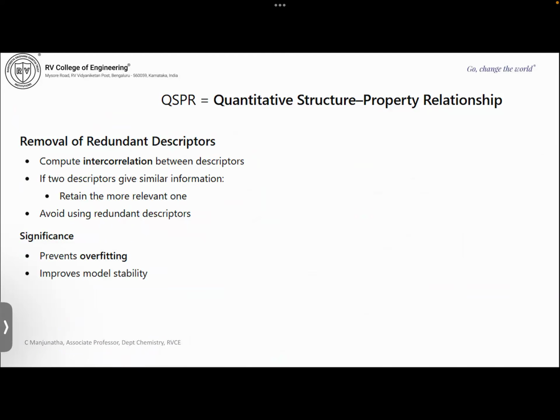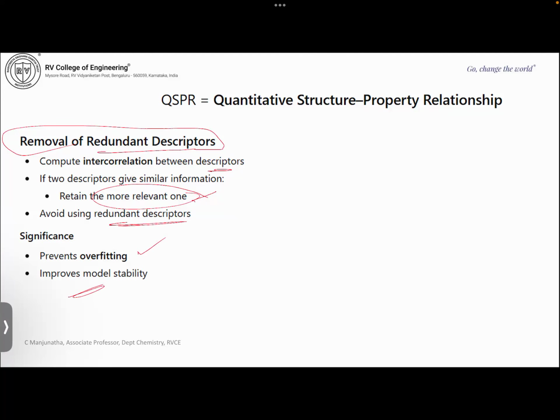Then the fifth stage of QSPR is the removal of redundant descriptors. Compute the inter-correlation between the descriptors. If two descriptors give similar information, retain the more relevant one and remove the other one. Avoid using redundant descriptors because it prevents overfitting and improves the model stability.